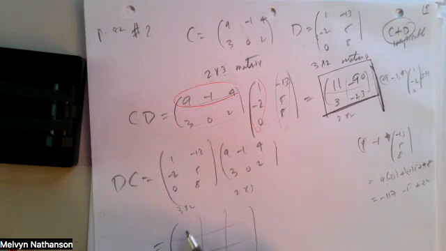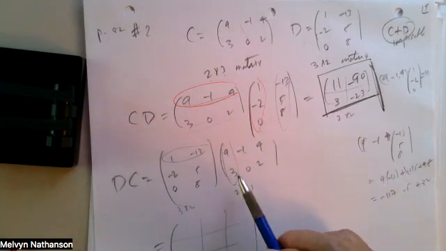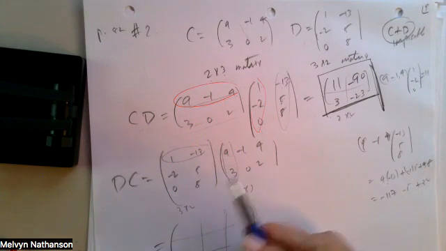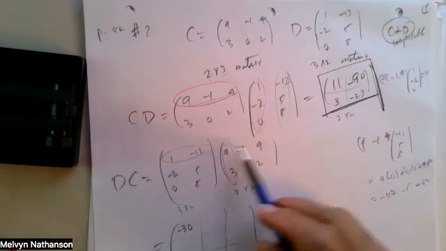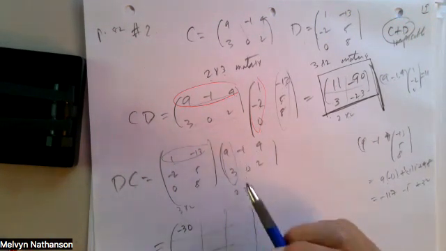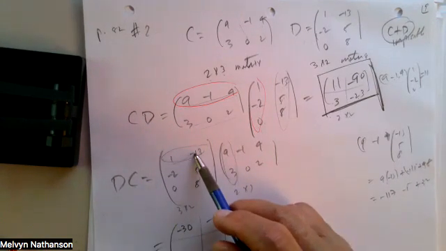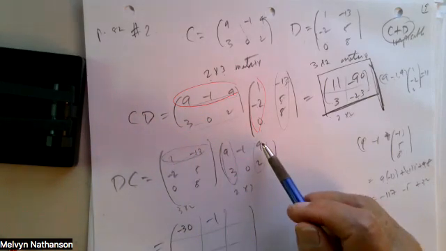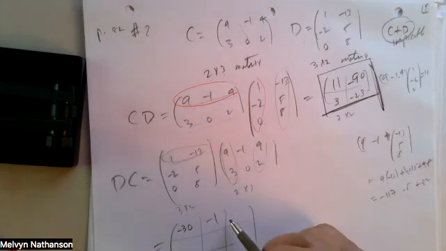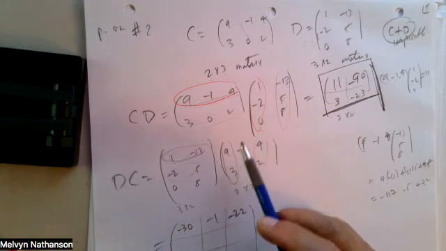What goes in the first row, first column? Take the first row times the first column. 9 minus 39 is minus 30. First row, second column. Minus 1 plus 0 is minus 1. First row, third column. 4 minus 26 is minus 22. Second row, first column.